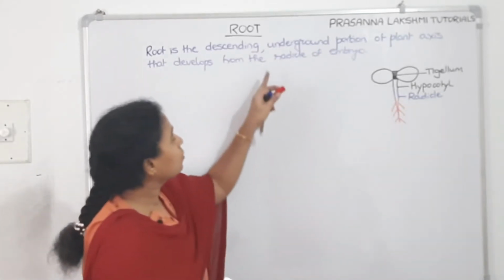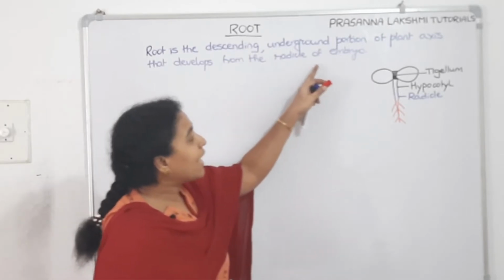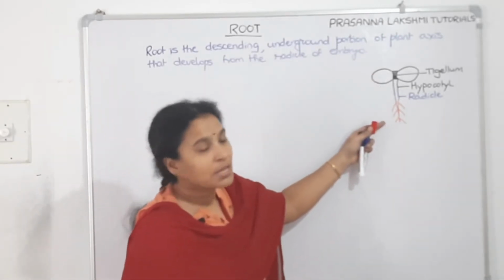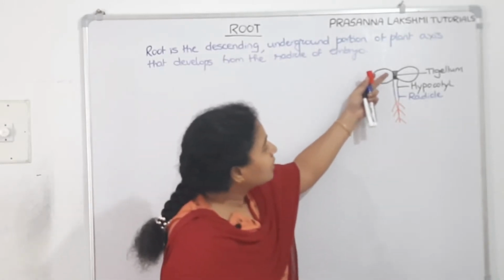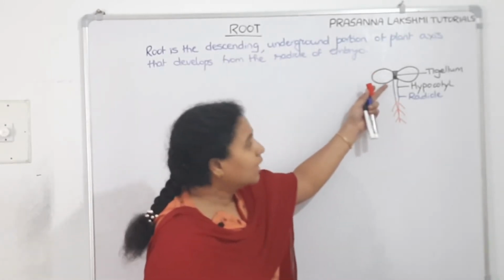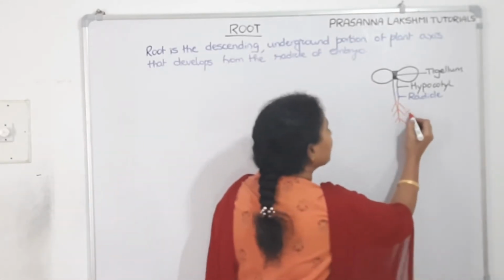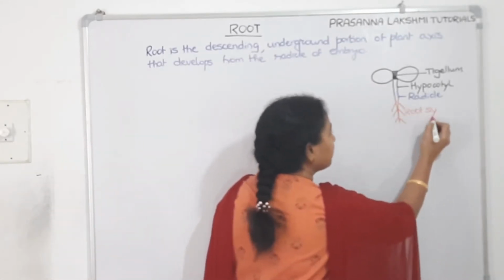So now you understood. It develops from the radicle of the embryo. So here is the embryonic axis. The portion of the embryonic axis which is below the cotyledons is called hypocotyl. Hypocotyl grows into radicle. Radicle will make the root system.